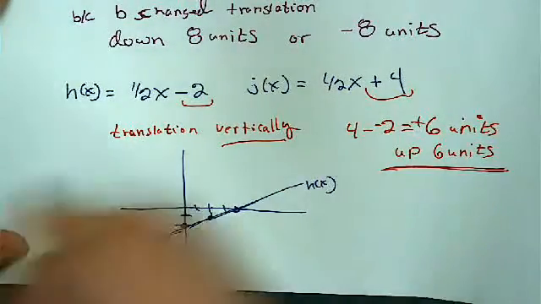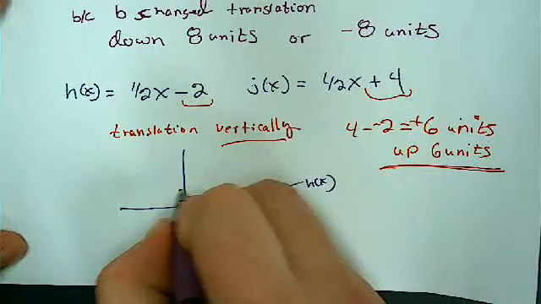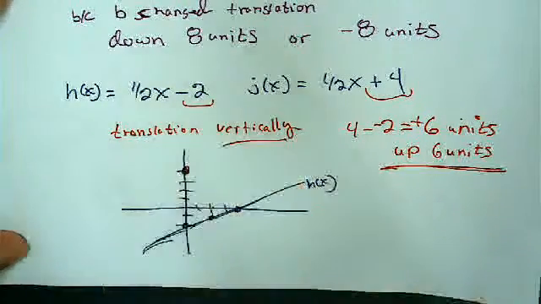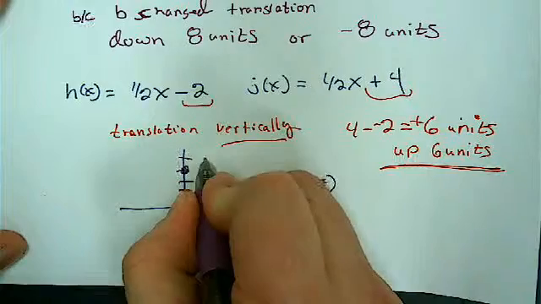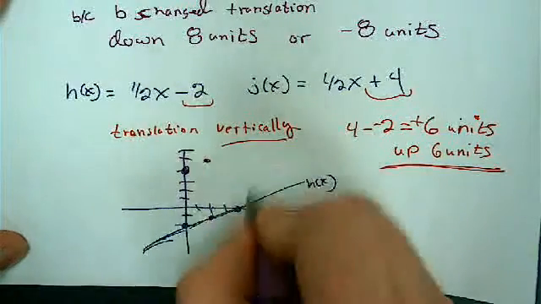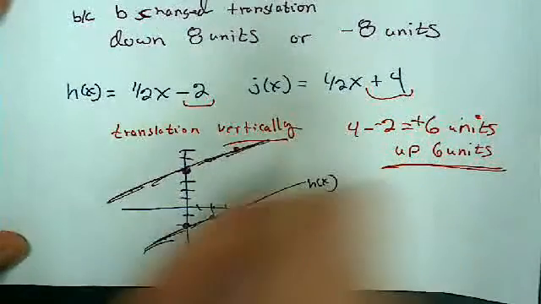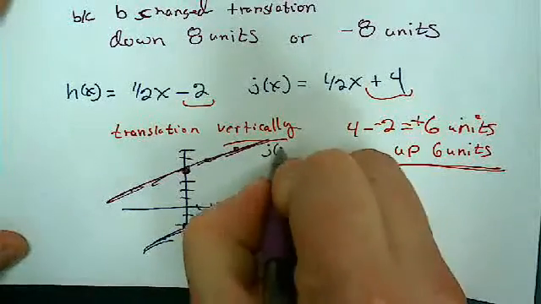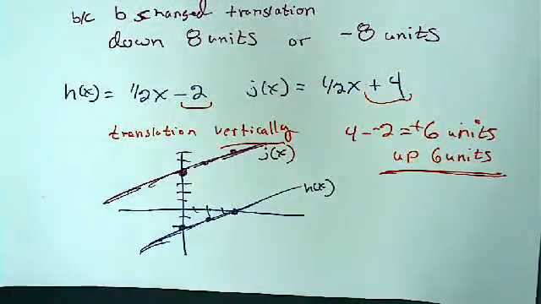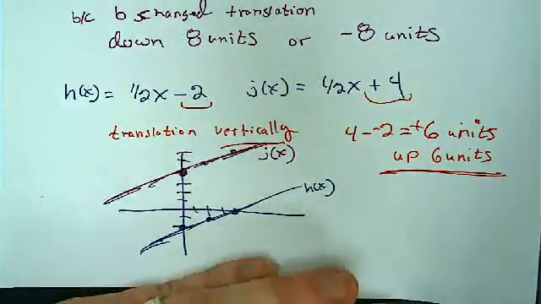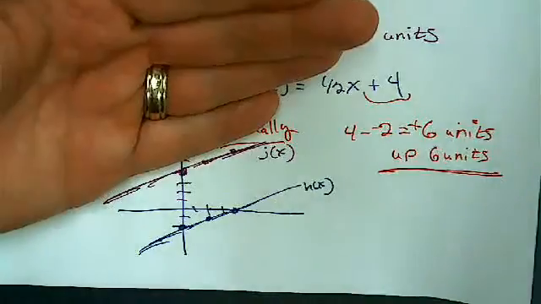And then for j of x, the intercept is 4, and I go up 1 over 2, up 1 over 2. There's j of x, and I can see the two lines run parallel. The blue line is just shifted up 6 units to get to the purple line.